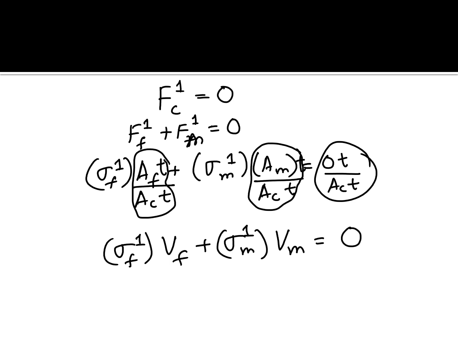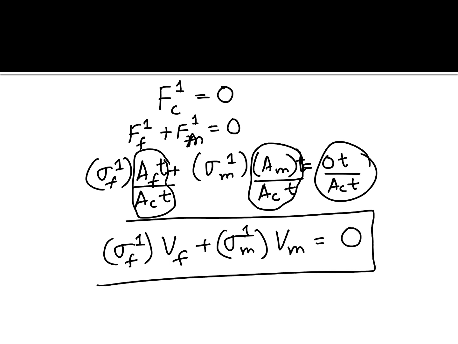Now we can substitute the expressions for sigma f1 and sigma m1, which we wrote in terms of the Young's modulus of the fiber and the matrix and the free and actual strain terms, and we'll be able to get the expression for alpha 1. So let's see how we're going to do that.